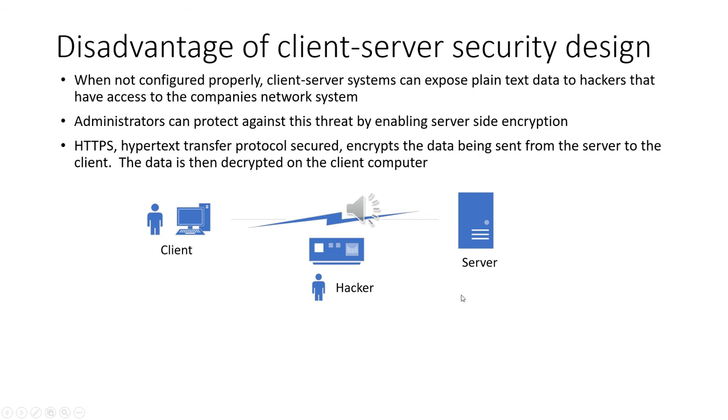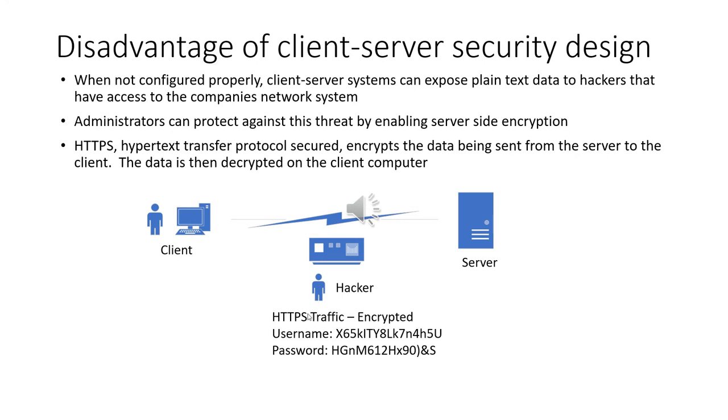In an encrypted HTTPS session, the traffic is encrypted. The username would come across as garbled numbers and letters and symbols, and the password as well. The hacker would be unable to read the network traffic for encrypted data.